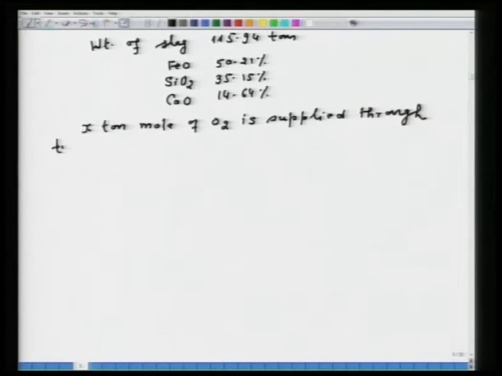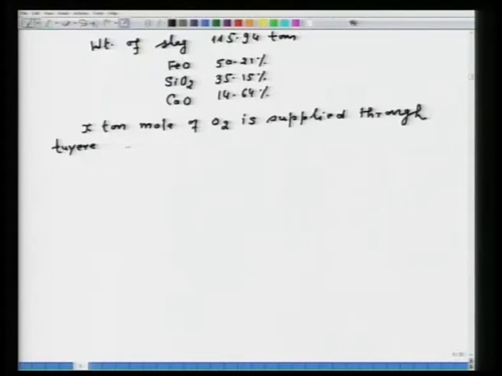Why I have taken this approach: from the blast furnace lead smelting it is clear that whatever air you supply is used for oxidation of carbon only in this particular system. That is the key to approach this problem, because whatever air you supply is used for oxidation of carbon.